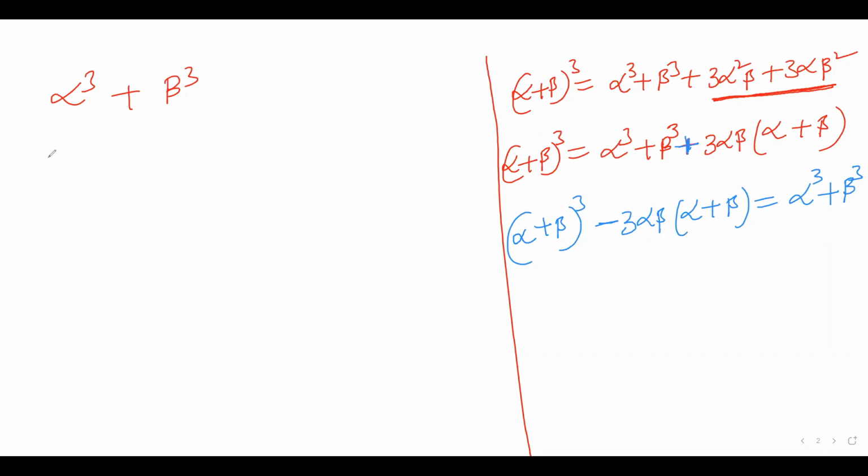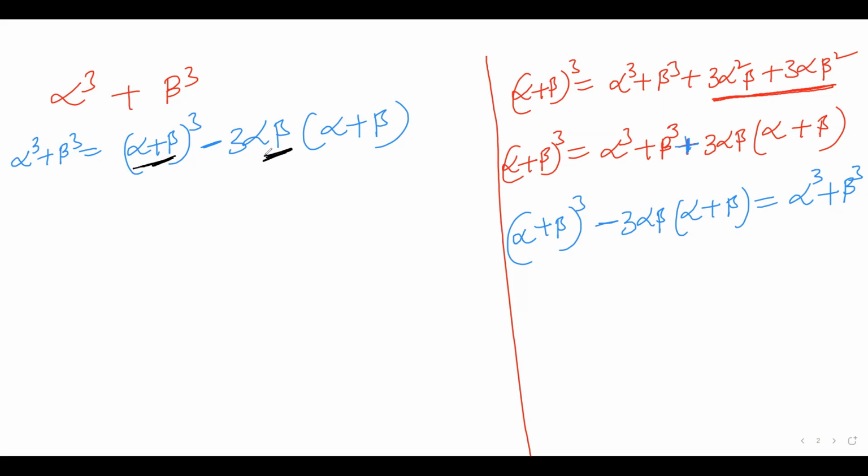So alpha cube plus beta cube formula is, remember this formula: alpha plus beta whole cube minus 3 alpha beta into alpha plus beta. This is sum of the zeros. This is product of zeros. This is again sum of zeros. We already know what is sum and product of zeros.